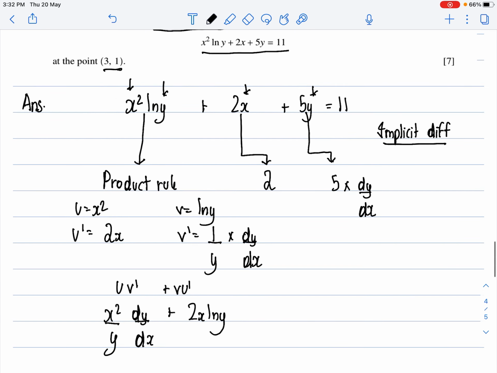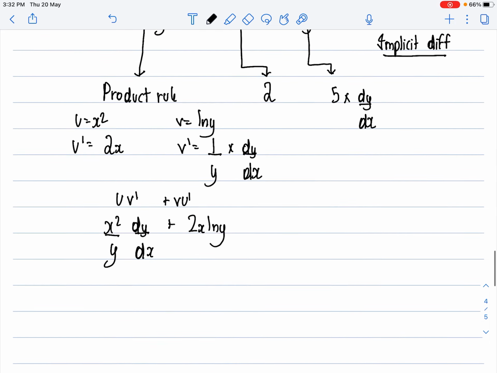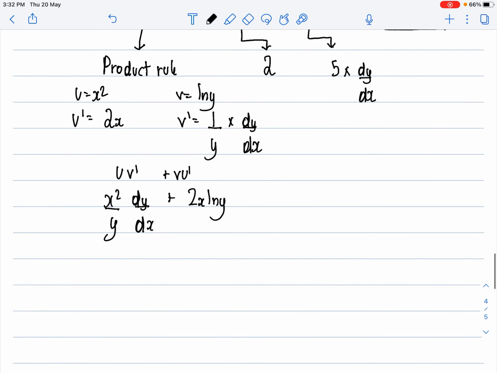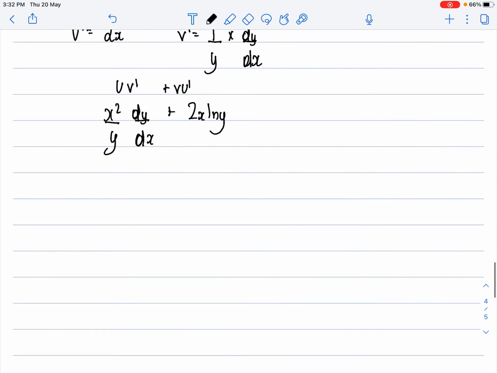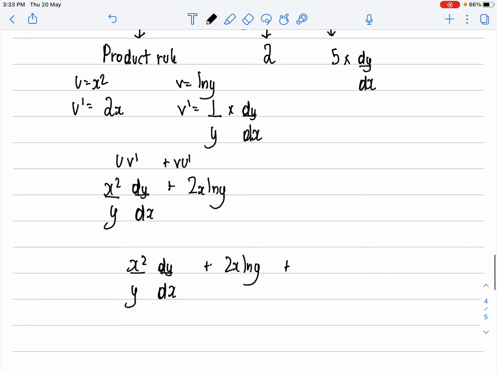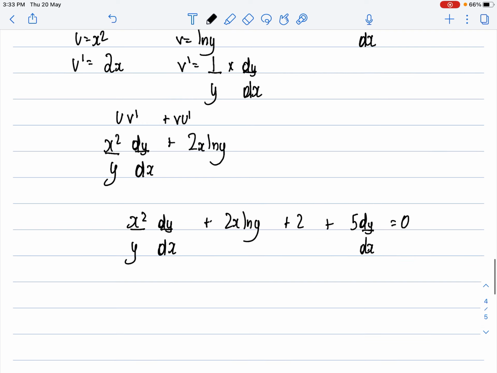Now I have a constant here, and the differentiation of a constant is always 0. So I have everything with me. I just need to write this as x square over y dy by dx plus 2x ln y plus 2 plus 5 dy by dx is equal to 0.